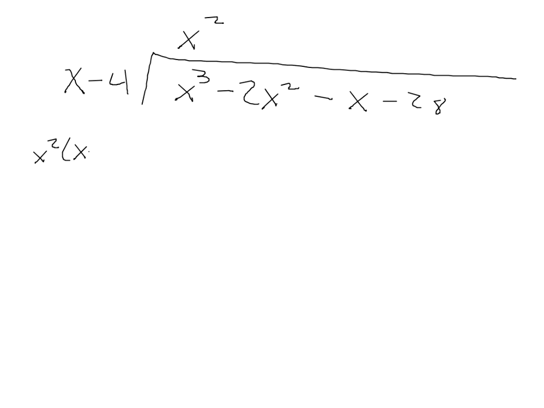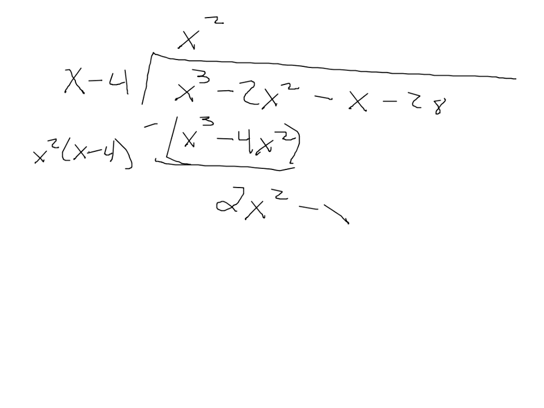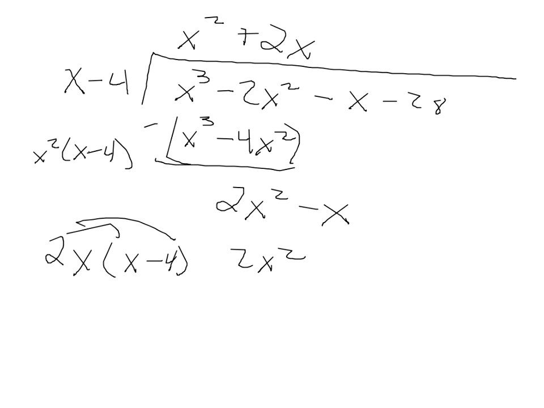x goes into x cubed, x squared times. That cancels. That gives me 2x squared minus x. So x is going to go into that 2x times, 2x squared minus 8x. And we subtract.